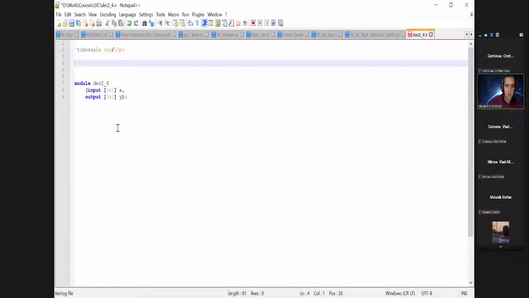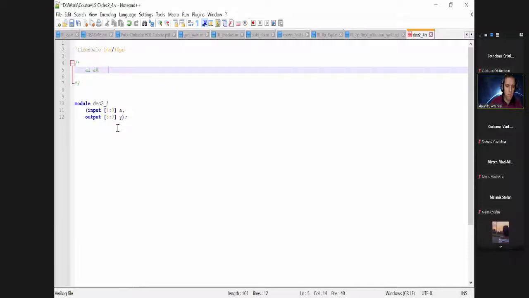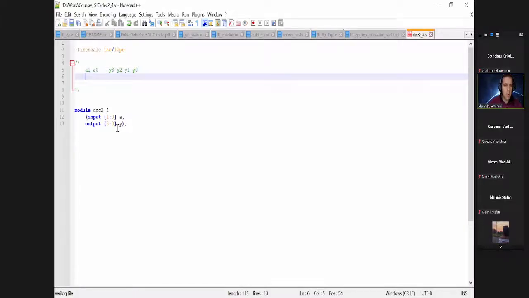I'm going to have some comments here, so in the comments I will have the truth table for the decoder. Which logic value do you want to be the active value for the output, 0 or 1? This is a matter of choice.